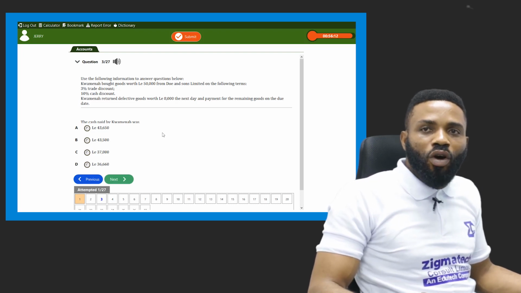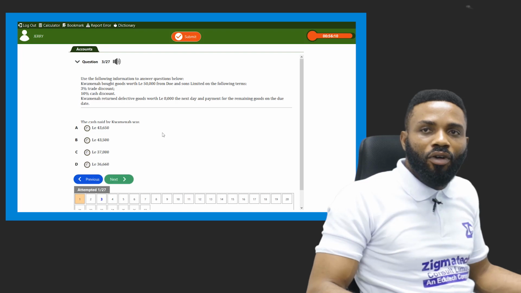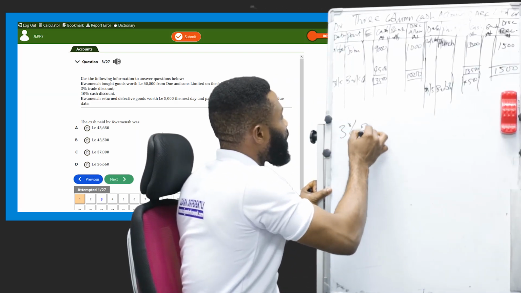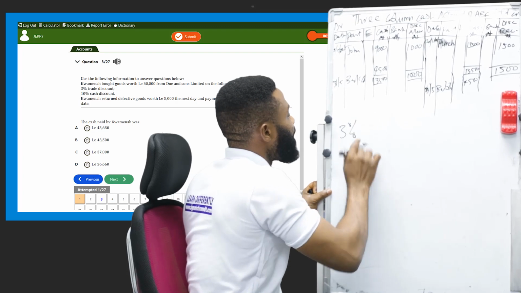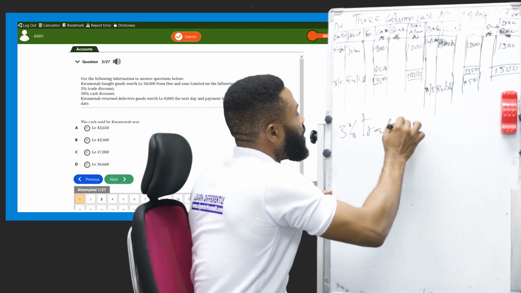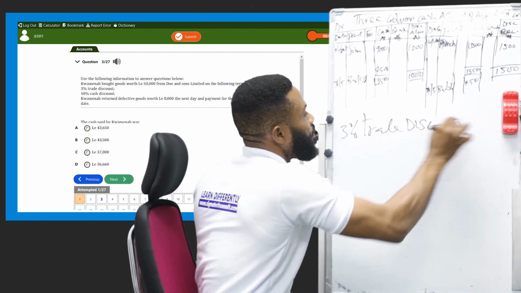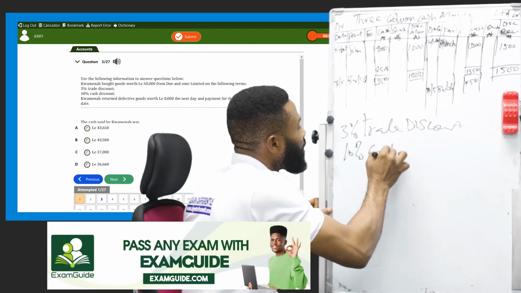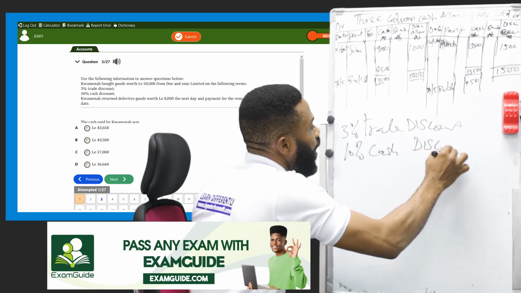Then the next one, they say use the following information to answer questions below. Kwamena bought goods worth 50,000 from Doe and Sons Limited on the following terms. Don't forget the terms: 3% trade discount and 10% cash discount.